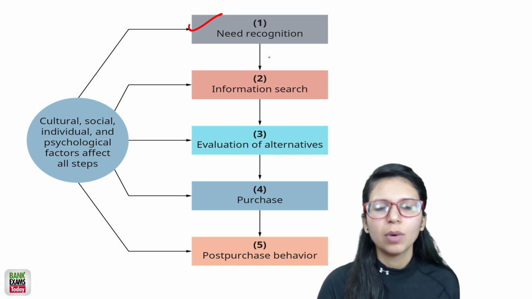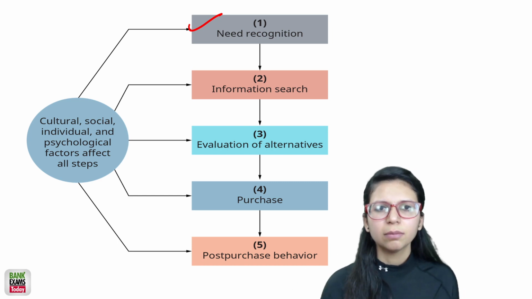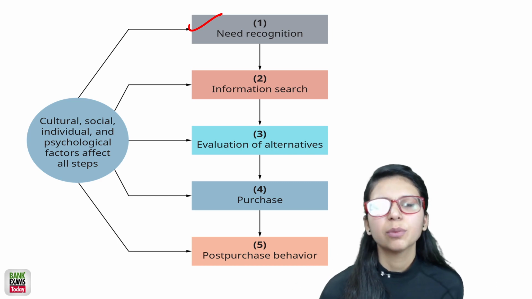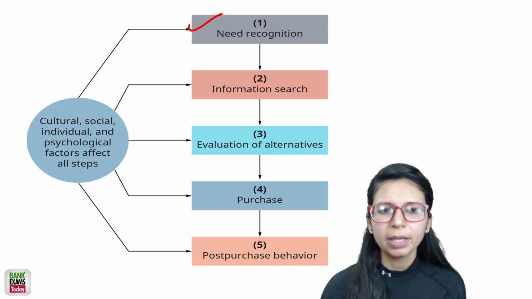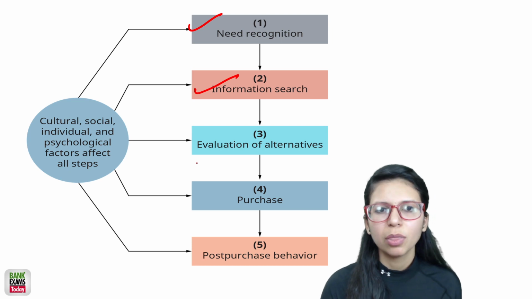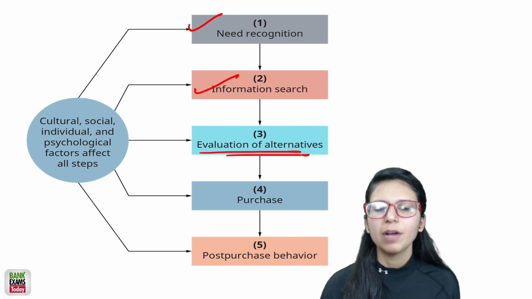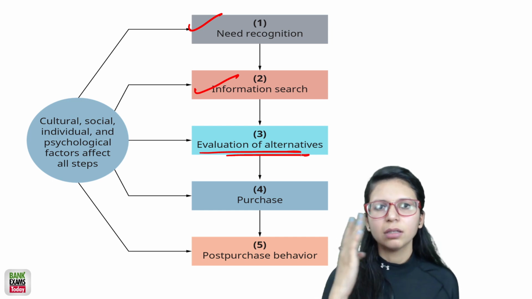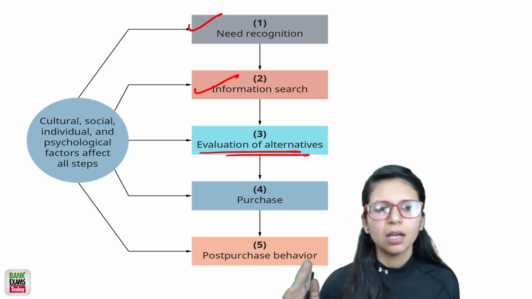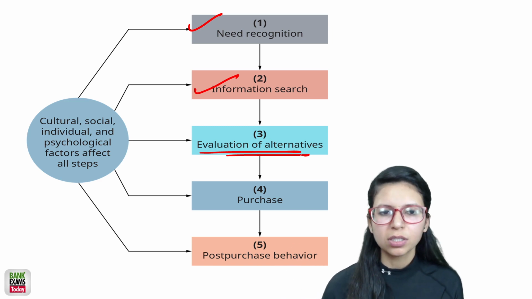Once the need is recognized, the business will search for information related to the product, whatever will be suitable for the product. Then evaluation will be there, where all the pros and cons will be seen, and which alternative to choose.